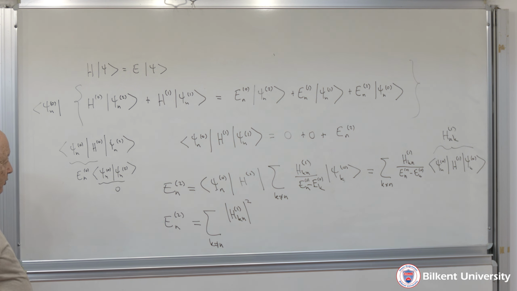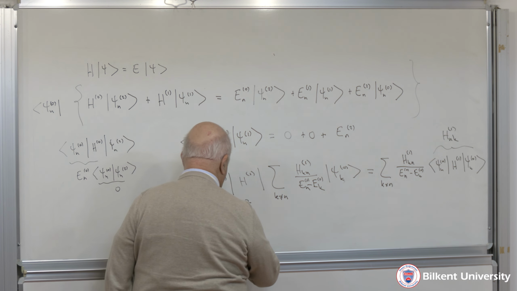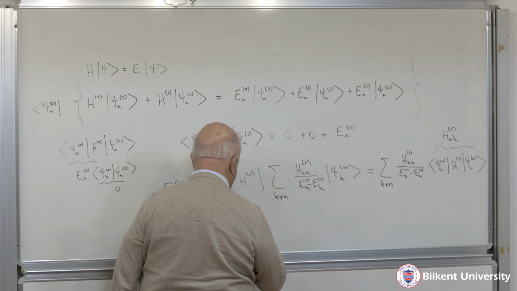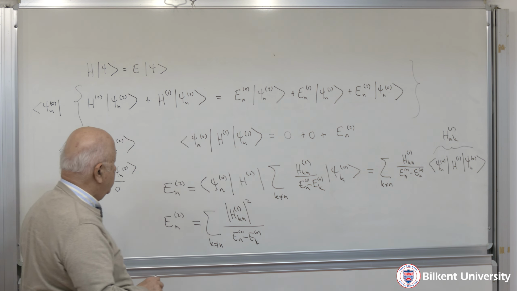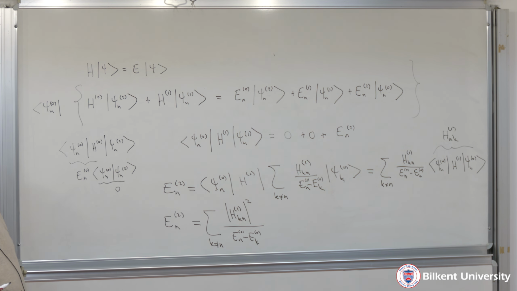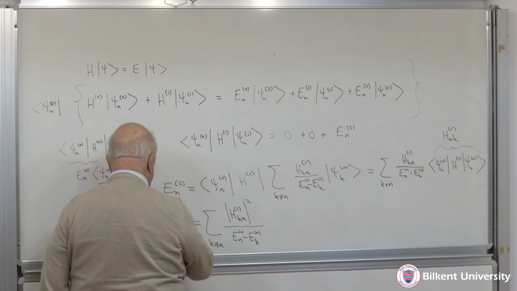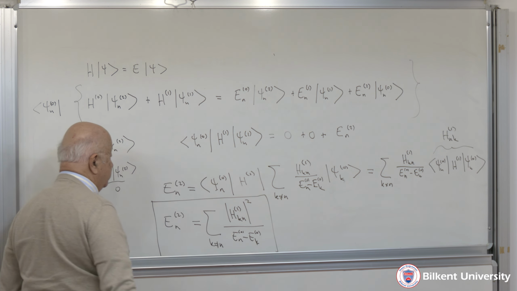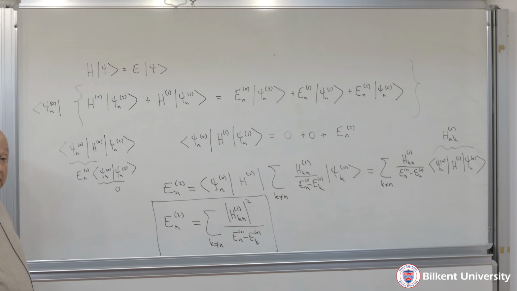That's nice because I want something that's real as energy, divided by En minus Ek, zeroth order. All right, so this is the second order change in the energy, and we will not really go any further. We will not even look at what happens to psi because it's not too interesting.